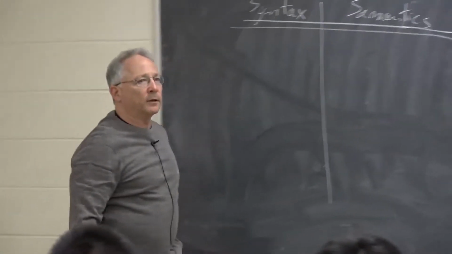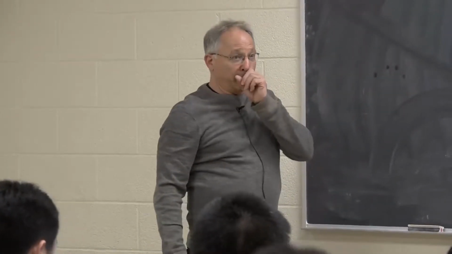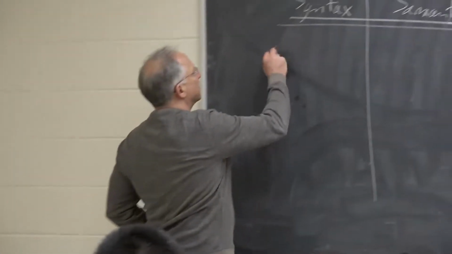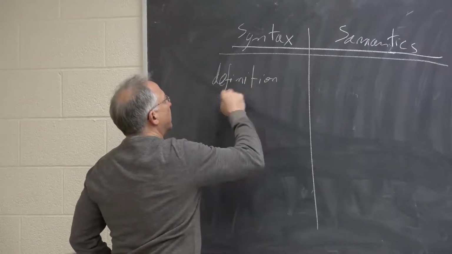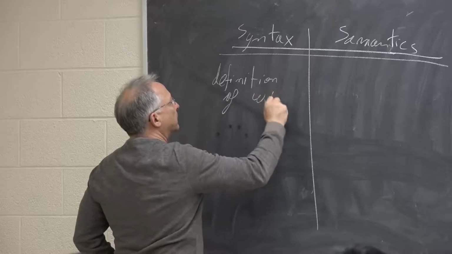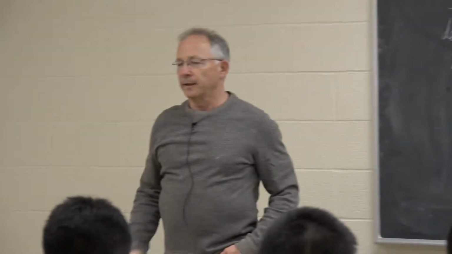We started the course by playing in the syntax field. We had a definition of well-defined formulas and an algorithm to check whether a formula is well defined and so on. We had all kinds of games. Is this a formula or not?